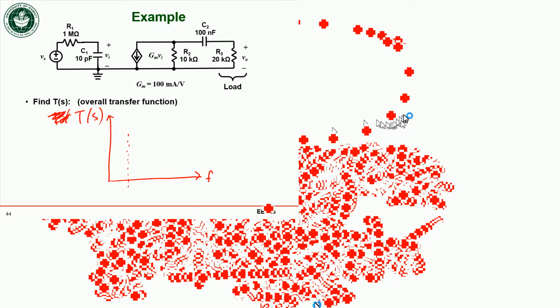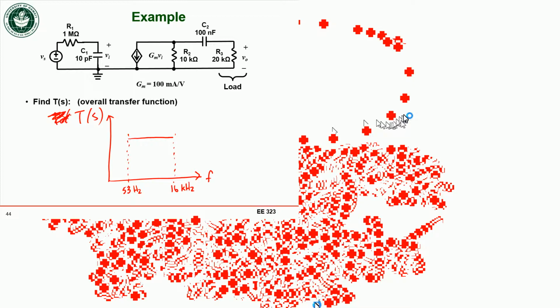Okay, so I have two breakpoints, and those are at what frequencies? 53 Hertz and 16 kilohertz. So between those two frequencies, my gain will be constant.